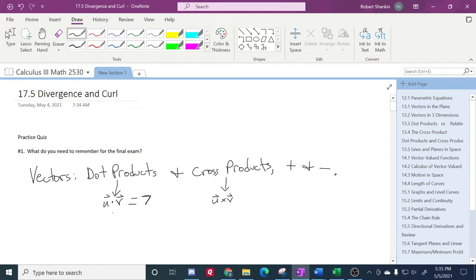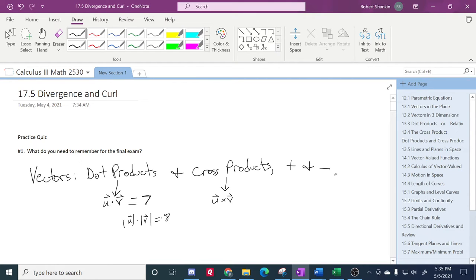I need to know how much in the x, y, and z direction each vector is going. The magnitude. You need to know the magnitude of u times the magnitude of v. If the magnitude of u times the magnitude of v is 8, then 7 relative to that number is close to that number.